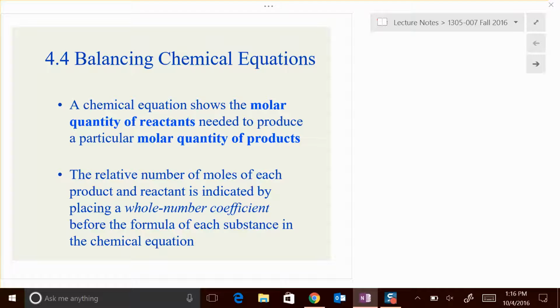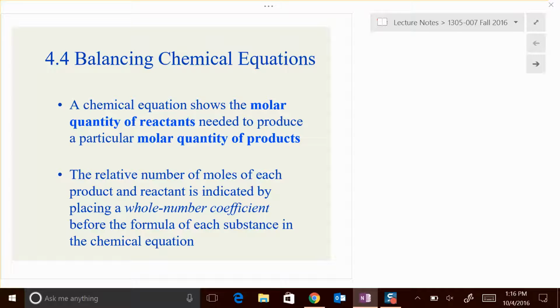Is it two things coming together to form a combination reaction? Is it two metals replacing one another to form a single replacement or a double replacement reaction? Is it a process that you're losing electrons, or is it a process that you're gaining electrons? If it's H plus being transferred, that's acid-base.